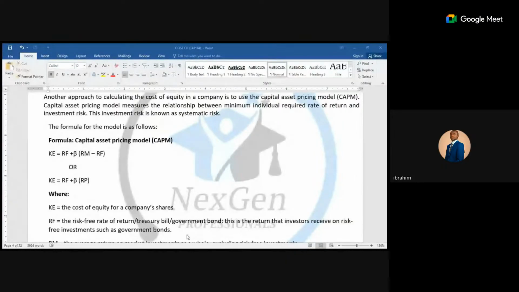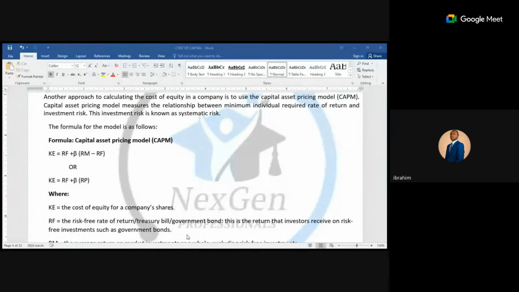I need to add 15 naira because of the risk he is taking to borrow that fund. So risk premium is the additional return you get from investing in a risky asset, maybe shares or bond.